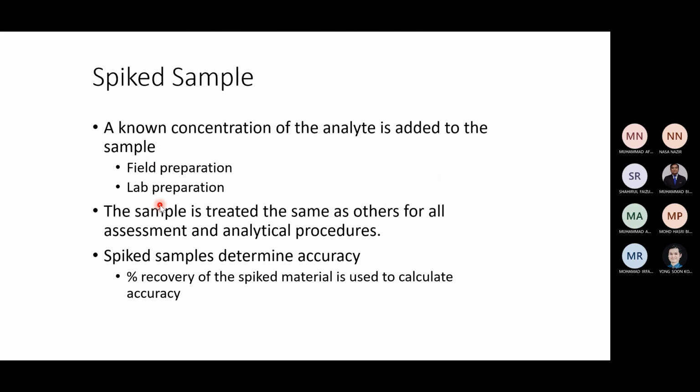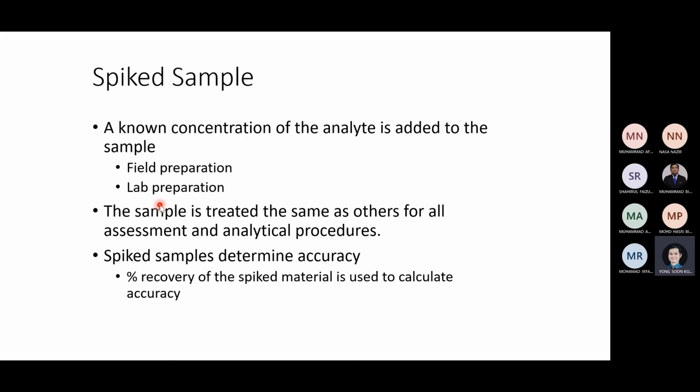And then the spike sample is also used to measure accuracy. A known concentration of analyte is added to the sample, so in the field you can add this so-called standard. This standard is defined as a chemical whose concentration you know exactly. So you add it into distilled water, and you can expect that concentration to come up. Then once you have collected it on site or from the lab, you bring it back for analysis.